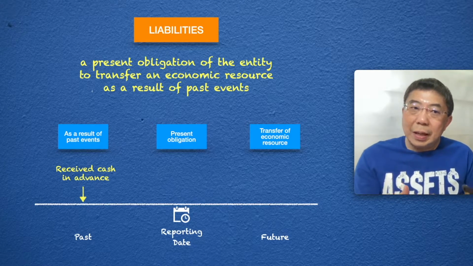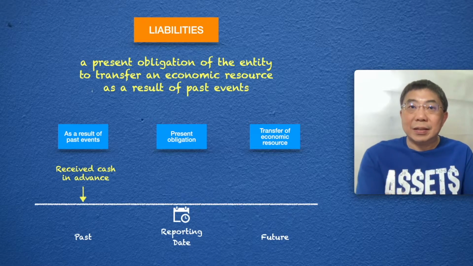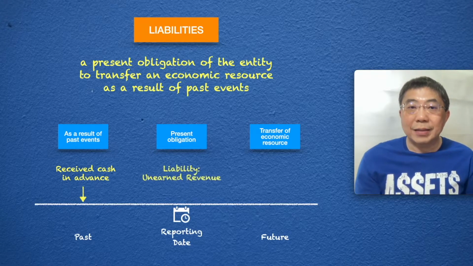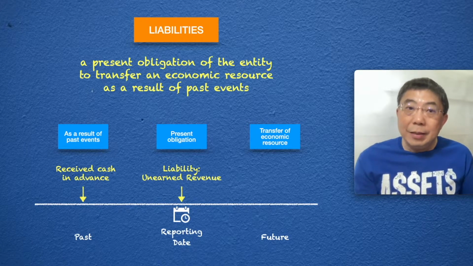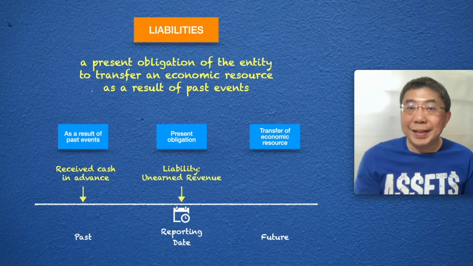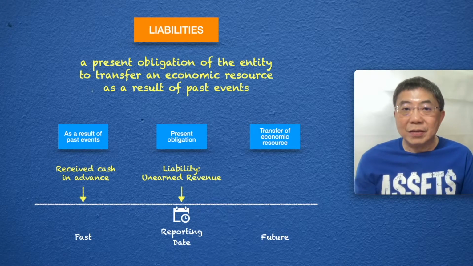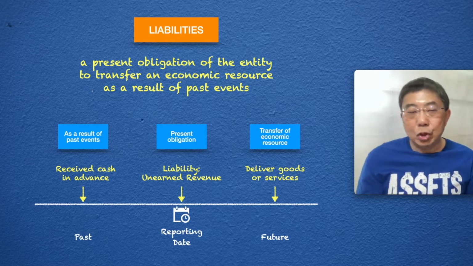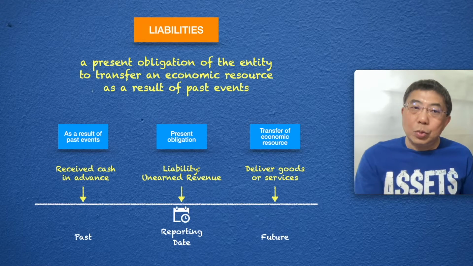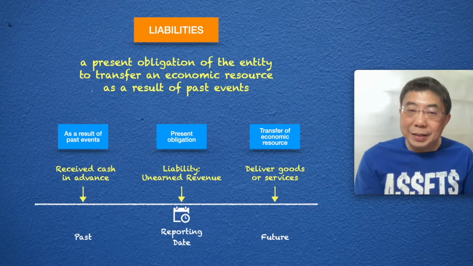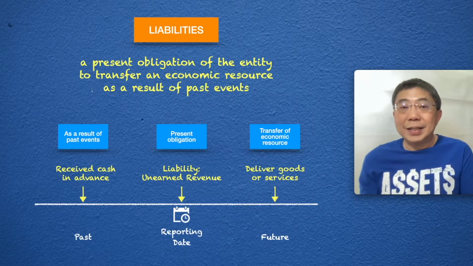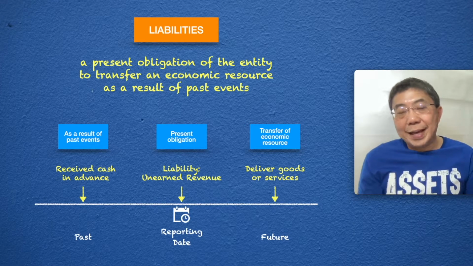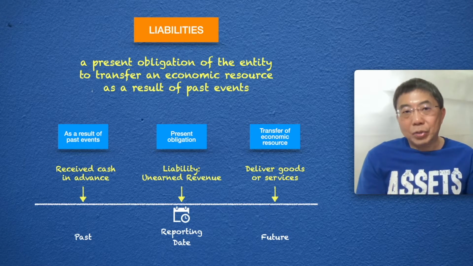So if the products or services have not been provided at the reporting date, then the business would have a present obligation to provide that service or product sometime in the future. So therefore, the business would have to report liabilities in the form of what is termed unearned revenue in its statement of financial position at the reporting date.